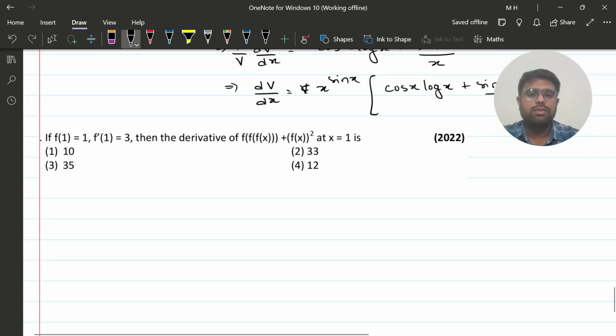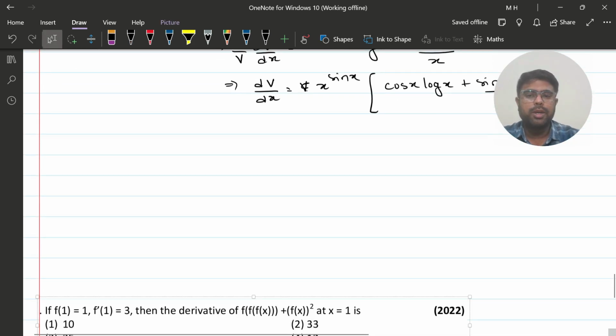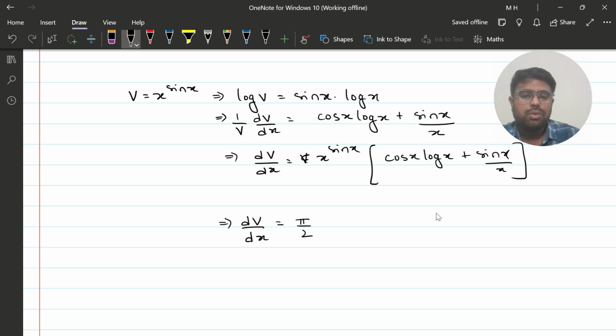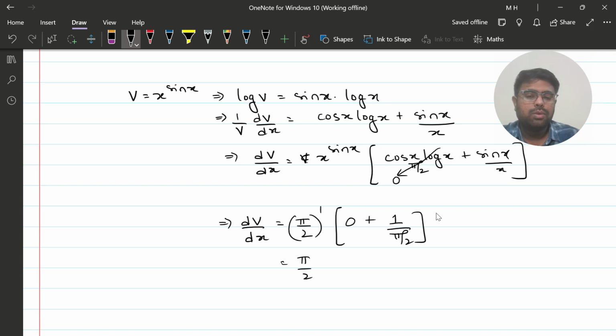Now I need the value of dv by dx at x equal to pi by 2. So I'll substitute pi by 2. What am I going to get is dv by dx is equal to pi by 2 raised to sin pi by 2 is 1. Okay, and cos pi by 2 is 0. So this will become 0 plus sin pi by 2 is 1 divided by pi by 2. Okay, so this is going to be pi by 2.